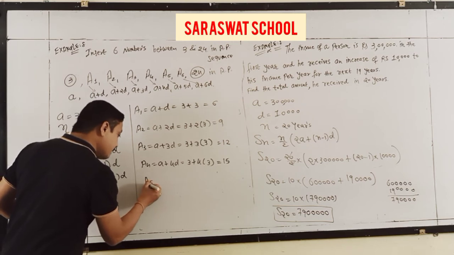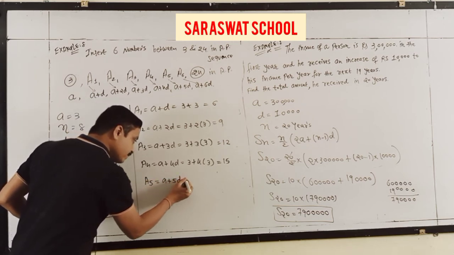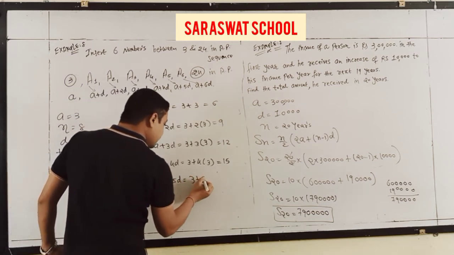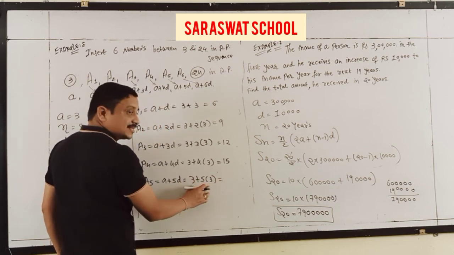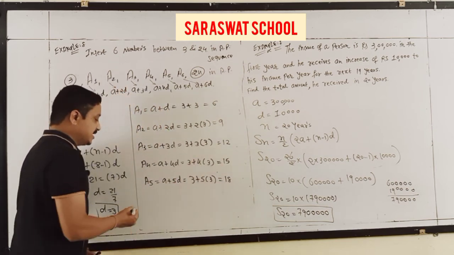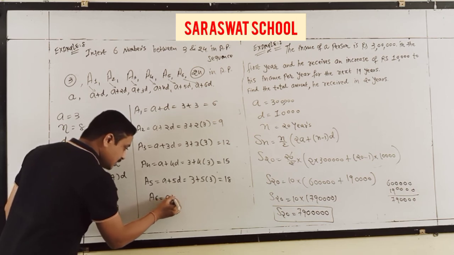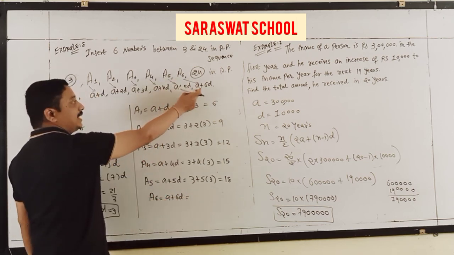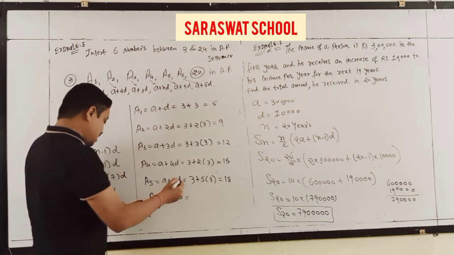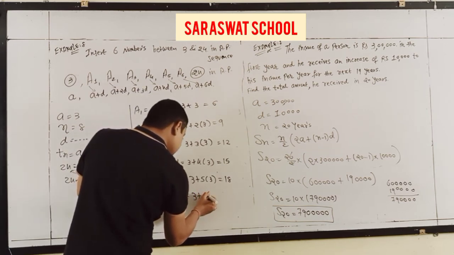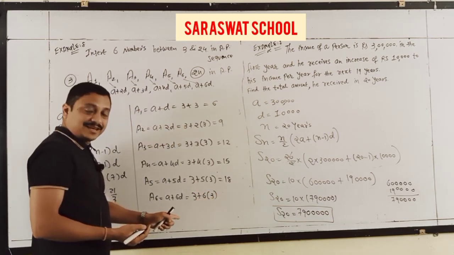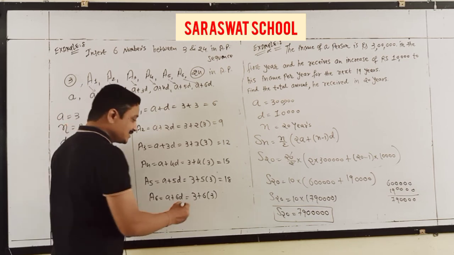Continue. A5 is a plus 5d: 3 plus 5 times 3, 15 and 3, 18. A6 is a plus 6d. Students, I apply this sequence formula: a plus 6d, 6 times 3 is 18, 18 and 3, it is 21.